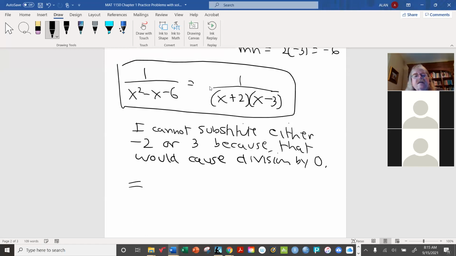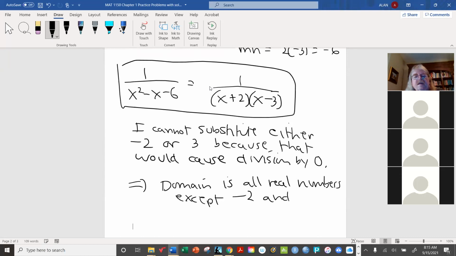So therefore, the domain is all real numbers except negative 2 and 3.